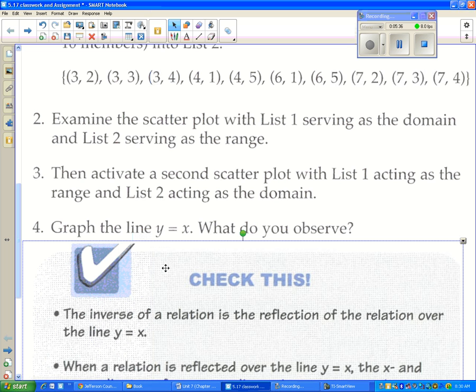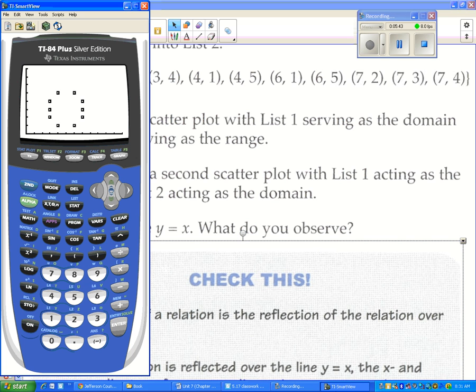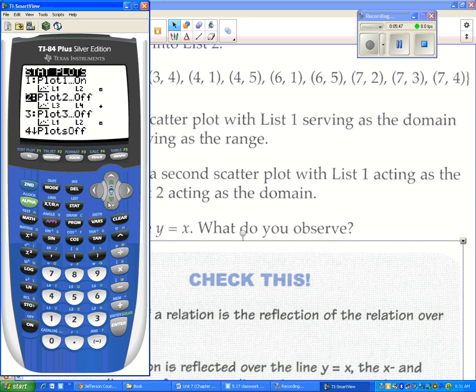Then activate a second scatter plot with list 1 acting as a range and list 2 acting as the domain. So come back over here, hit second y equals, arrow down to number 2, hit enter to turn it on. I want the type to be a scatter plot. Arrow down to my list. I want my X list to be L2.